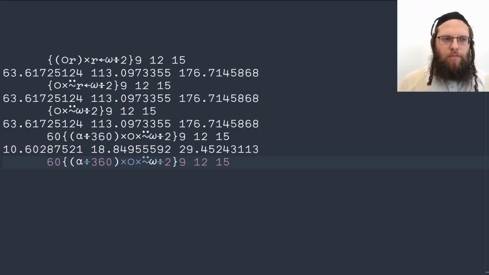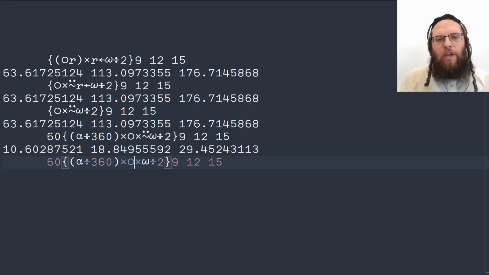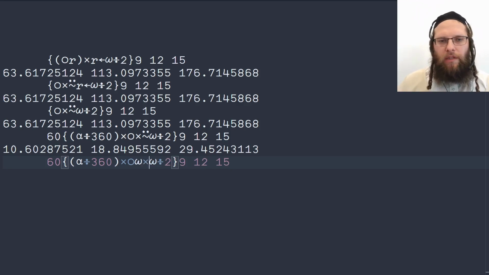This is a solution to the problem, but let's try simplifying and condensing this a bit. The first thing I'm going to do is undo this selfie that we did before. And since we have a fraction here, it's omega divided by 2, then we can say omega times omega, that's the square of that, divided by 2, and divided by 2 again, that is divided by 2 times 2.